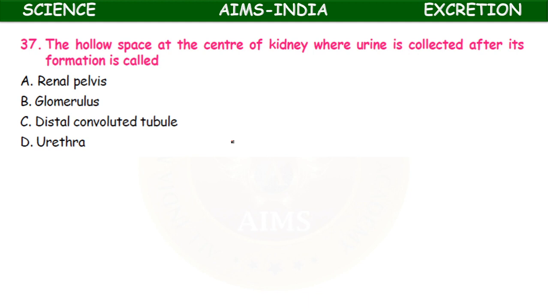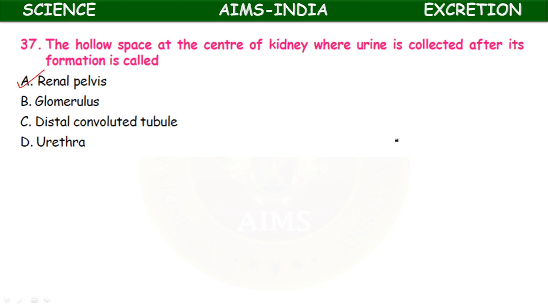The hollow space at the center of the kidney where urine is collected after its formation is called: renal pelvis, glomerulus, distal convoluted tubule, urethra. Renal pelvis, the hollow space.